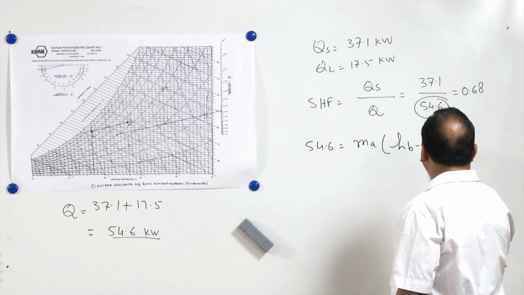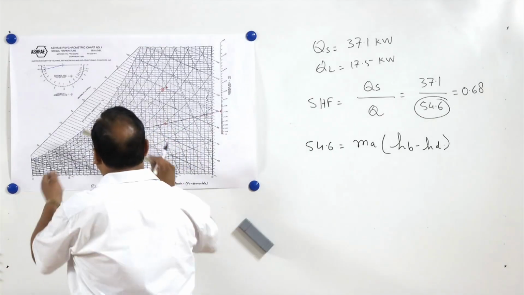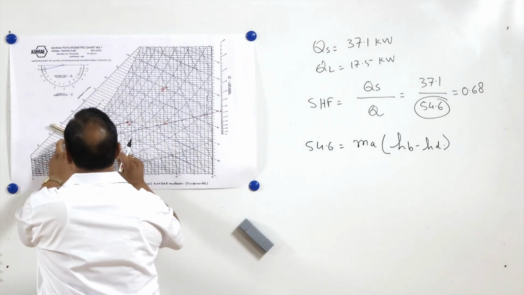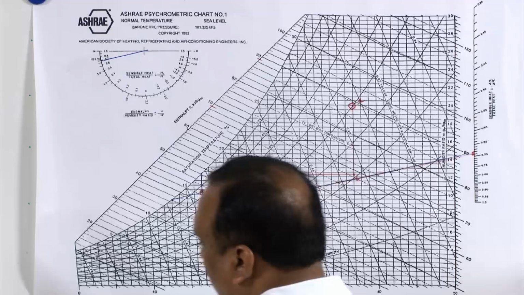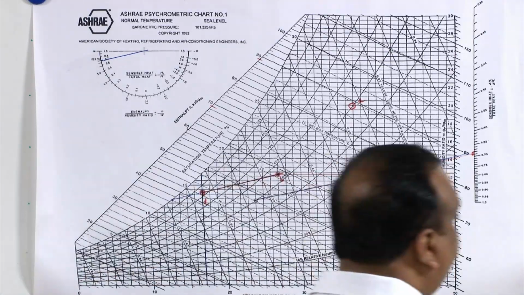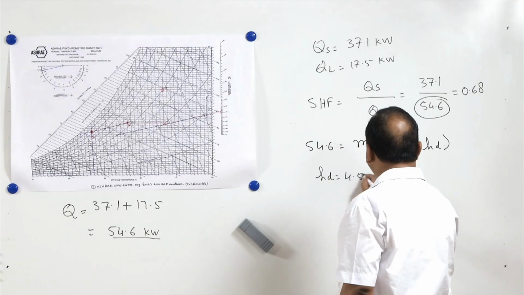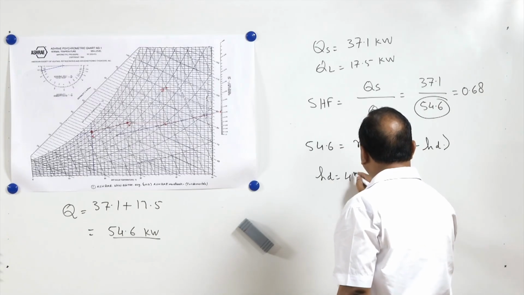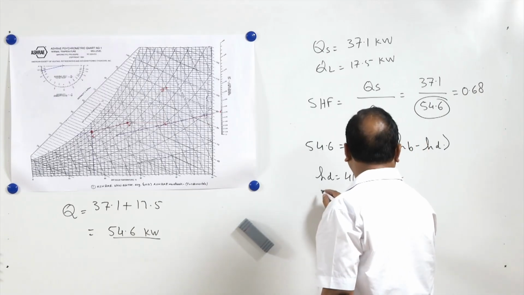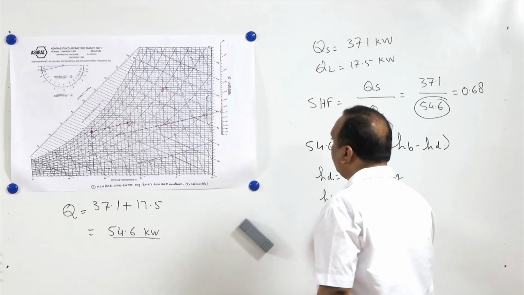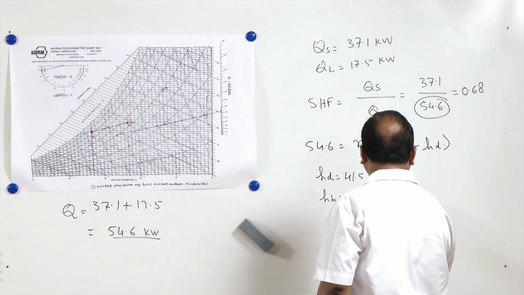HB minus HD. Now HB, we have already taken as 59.0 kilojoules per kg, and HD is approximately 41.5 kilojoules per kg.